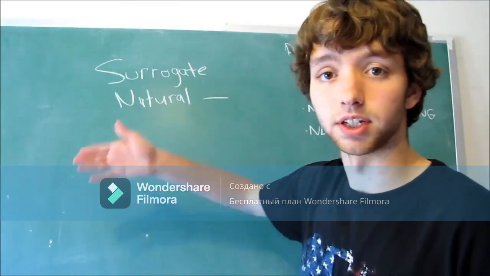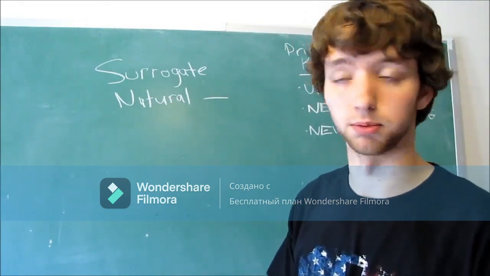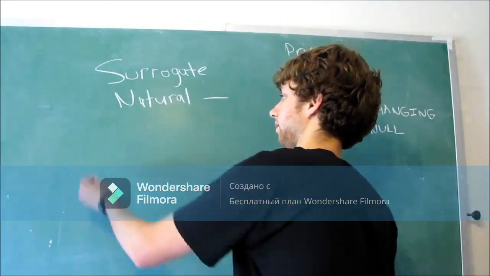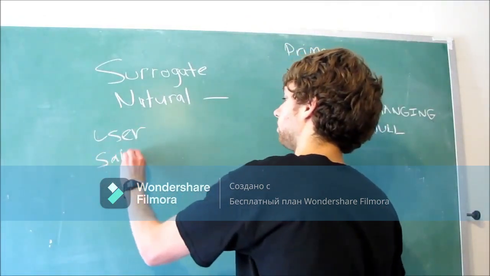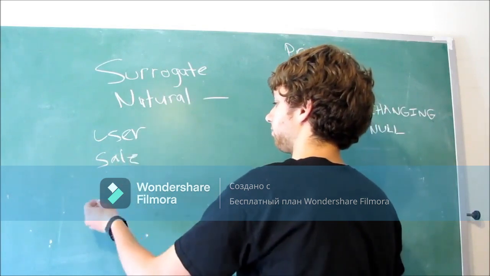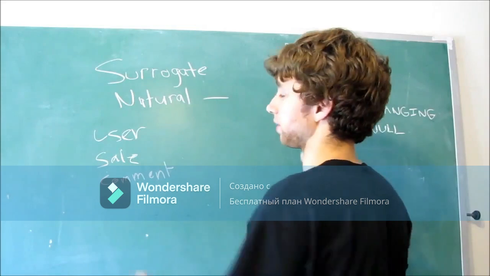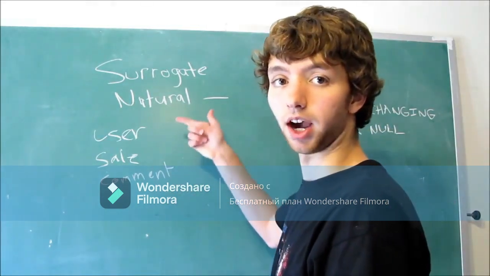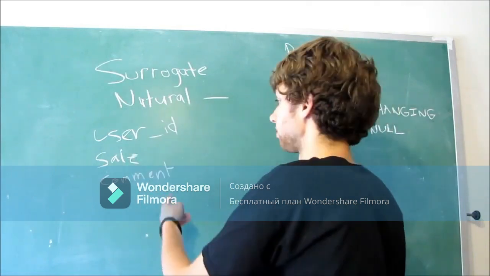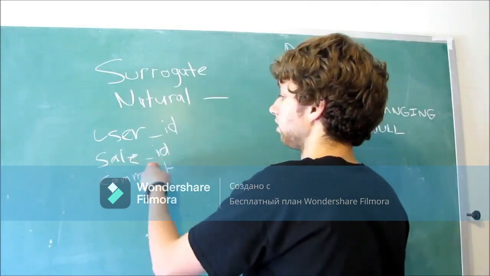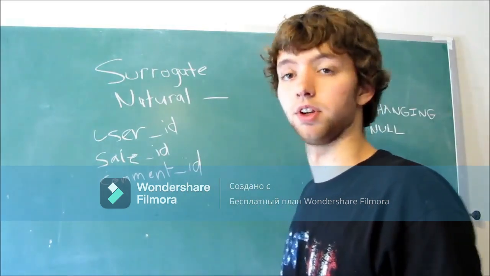So if I decide to use surrogate keys, I'm going to give an ID to every single row within every single table. Let's say we have a user table, a sale table, and a comment table. What we do is we give every single table an ID column. So we have a user ID column in the user table, a sale ID column in the sale table, and a comment ID in the comment table.